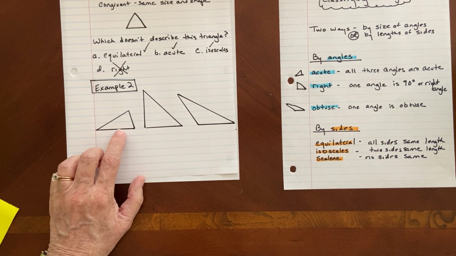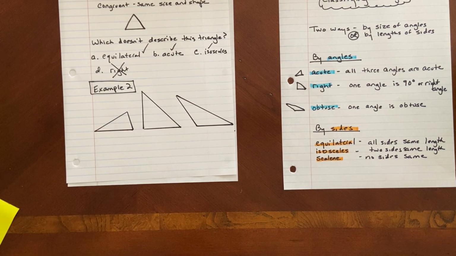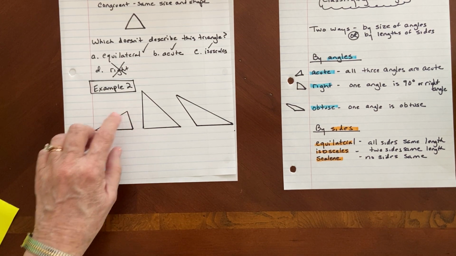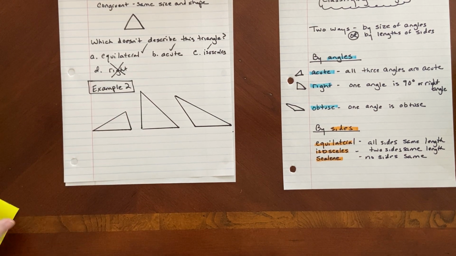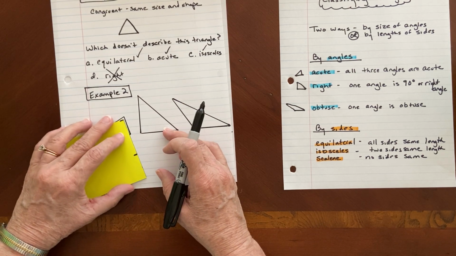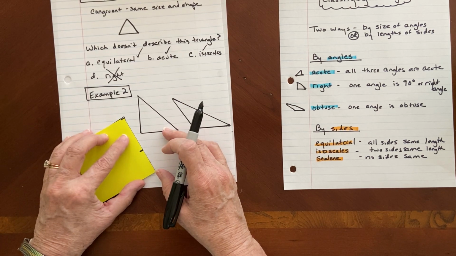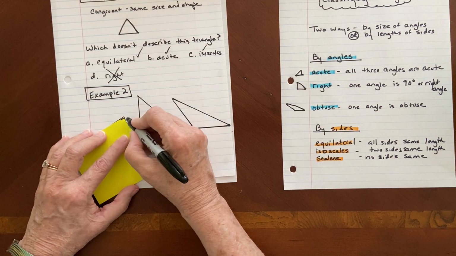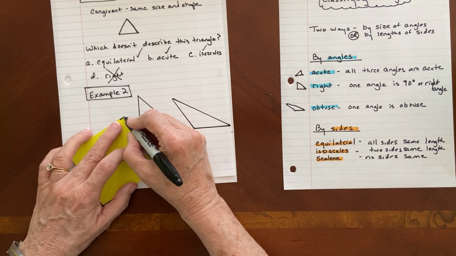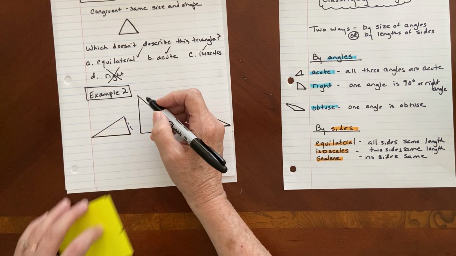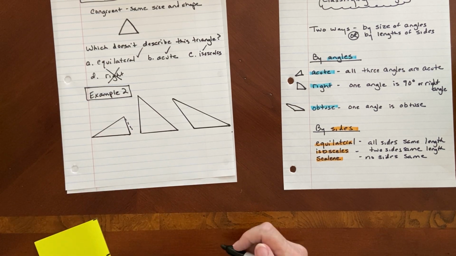So what do I know about this triangle right here? How can I classify it? Let's look at angles first. Are all the angles less than 90 degrees? That one's pretty close, but let's check it out. So if I do that, yep, it's less than 90 degrees, because that would be 90 degrees right there, so it's less.